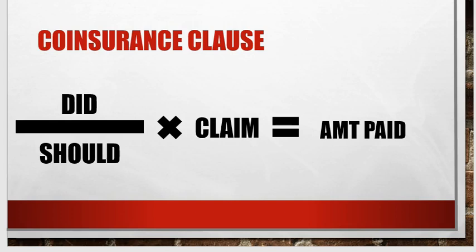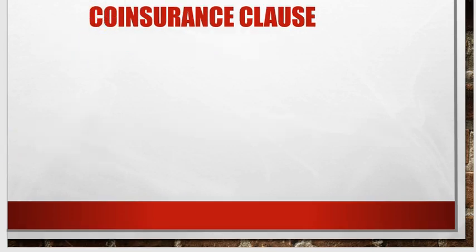And then the should is what you should have insured the property for, and you should have insured it for at least 80% of the replacement cost. The claim is the amount of damage that you suffered for a partial loss. Okay, so let me just go over this in a little bit more detail.